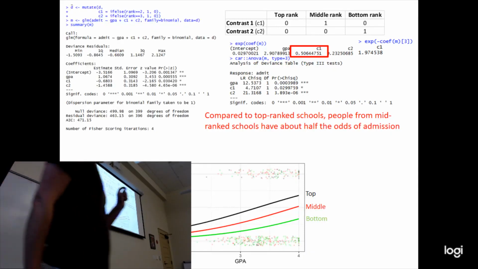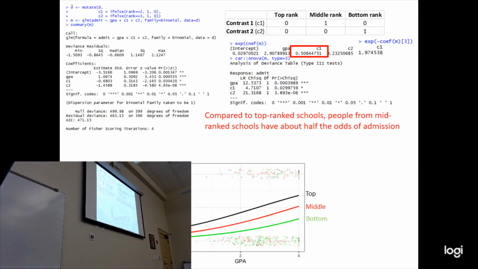One thing that I want to call out here is that, just like if you're dealing with mean differences, sometimes it's convenient to talk about top ranked schools minus bottom ranked schools.